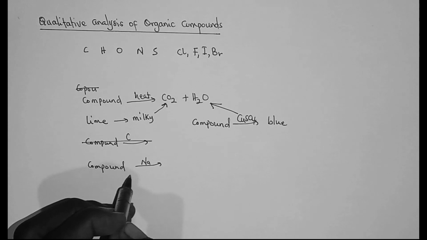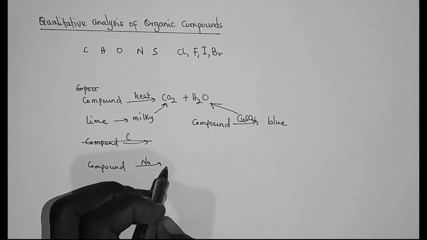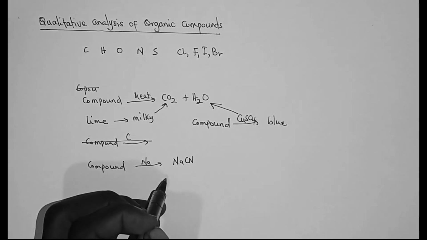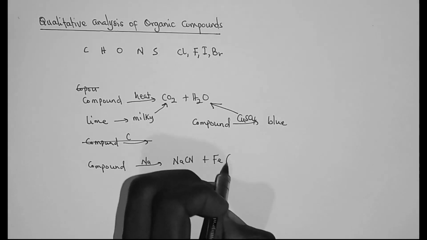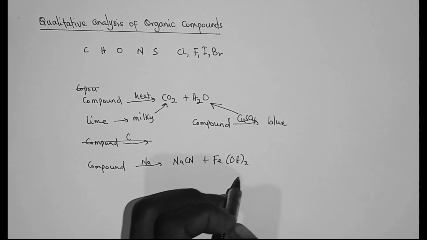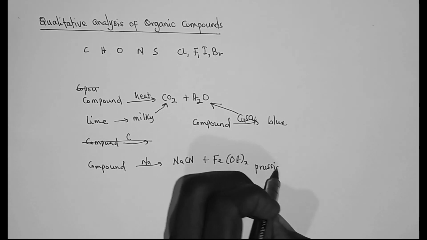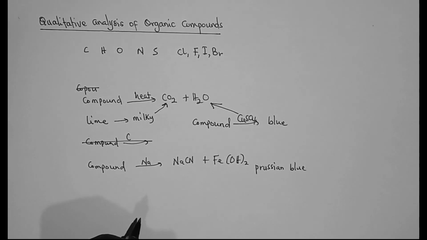So the sodium in the compound, in the heating of the compound, will convert all the nitrates into sodium cyanide. Then if you add iron hydroxide to the sodium cyanide, it will turn Prussian blue. So if it turns Prussian blue, then it confirms the presence of nitrogen.